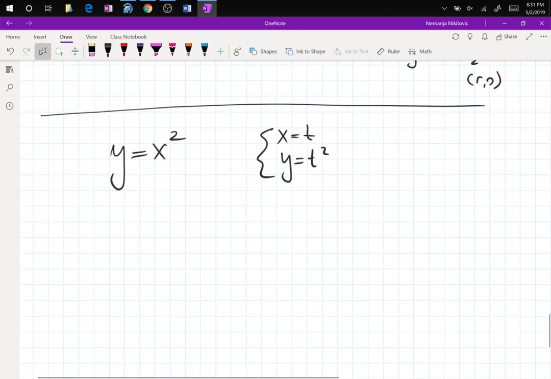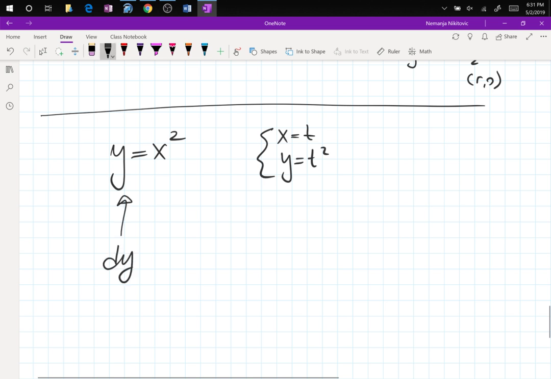Would you agree that this one has a tangent line at 2? It does, right? That means that this one must have a tangent line at 2 as well, which means derivatives.